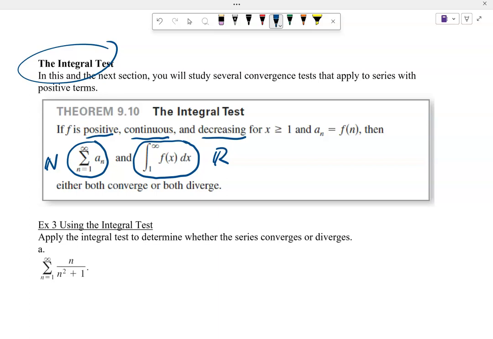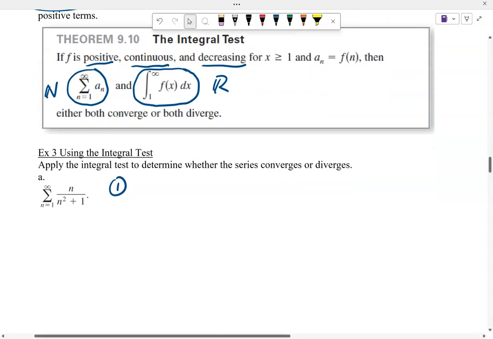So what we'll do first is see if it meets the conditions for this first one. If I think about f of x being x over x squared plus 1, is it positive? If I start with 1 over 1 squared plus 1, that's 1/2, yes, positive.